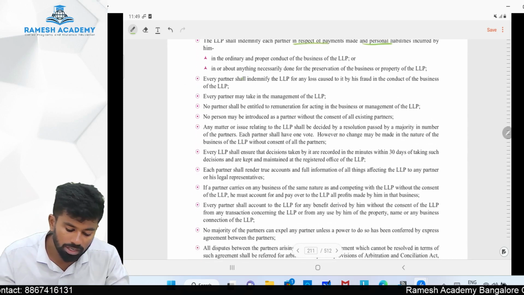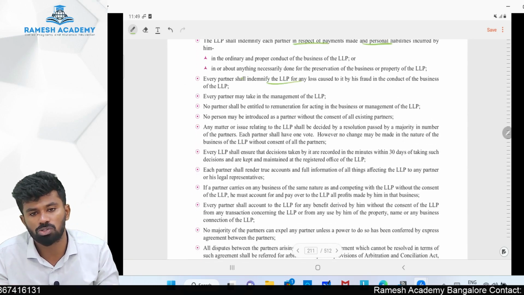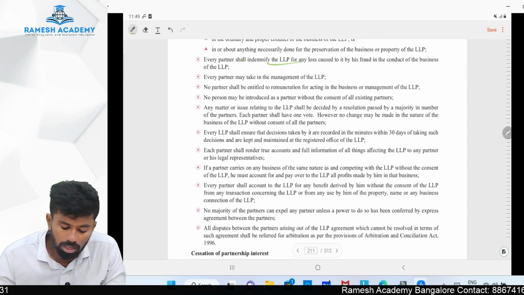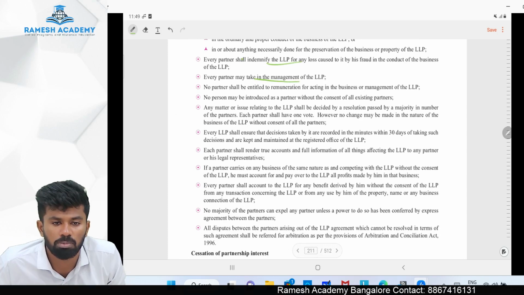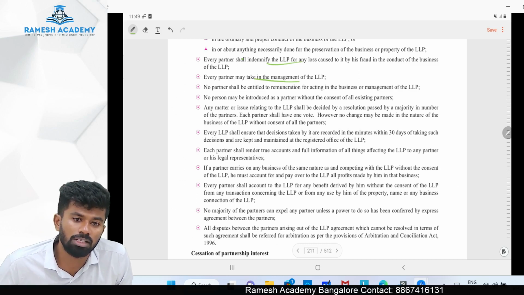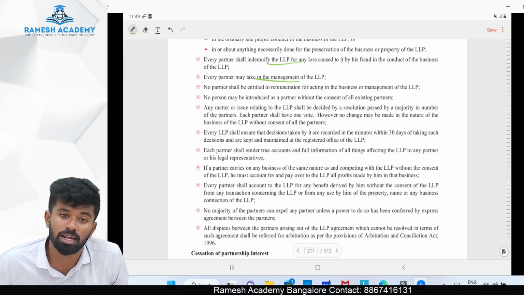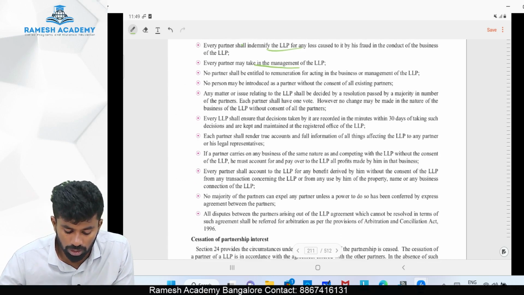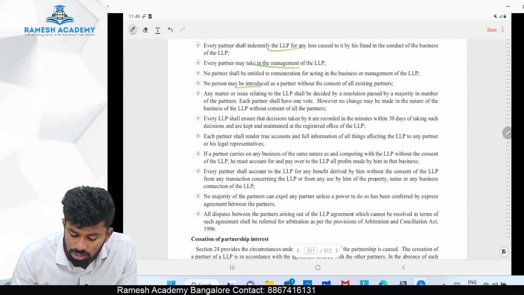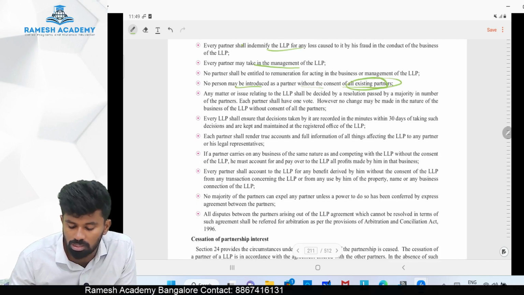Every partner shall indemnify the LLP for any loss caused to it by his fraud. Every partner may take part in the management of the LLP. So everybody can be a designated partner. But if the agreement provides otherwise, let's say it says only X and Y are designated partners, only they act as designated partners. No person may be introduced as a partner without the consent of all existing partners.